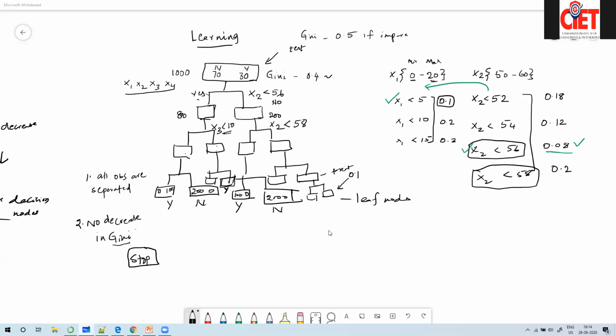Good. The advantage of a decision tree is we don't have to do any sort of pre-processing. You get the data, you clean the data a little bit, you dump the data into a decision tree algorithm, it learns, and through that learning, it can make predictions. In linear and logistic regression, we have to deal with a lot of challenges.